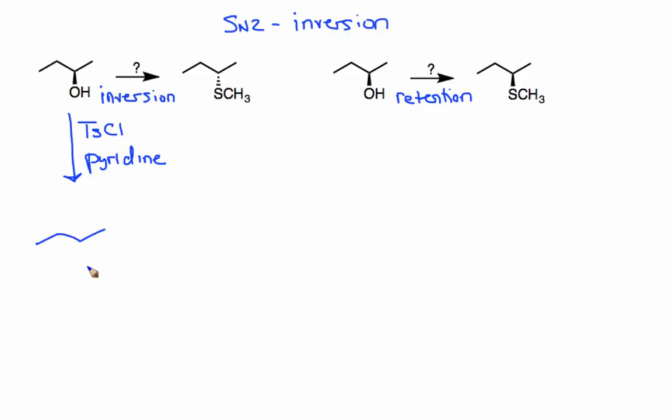So it puts that tosylate on the oxygen, and we get this OTs. We don't have any change in configuration because we're only affecting a reaction directly on this oxygen. But now this OTs is a great leaving group.